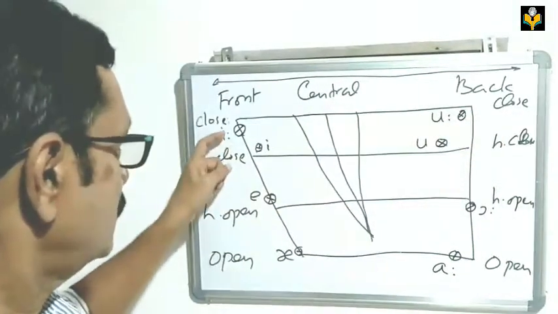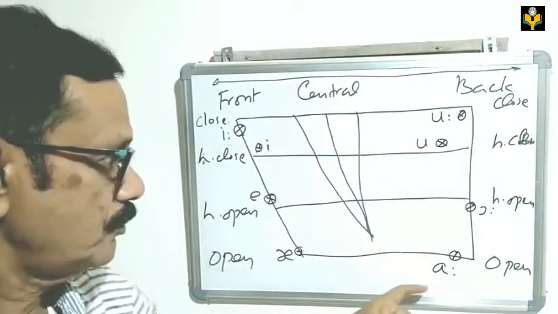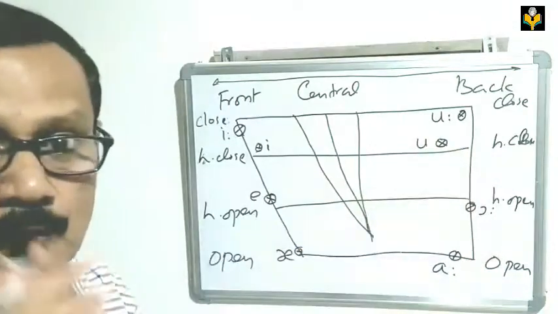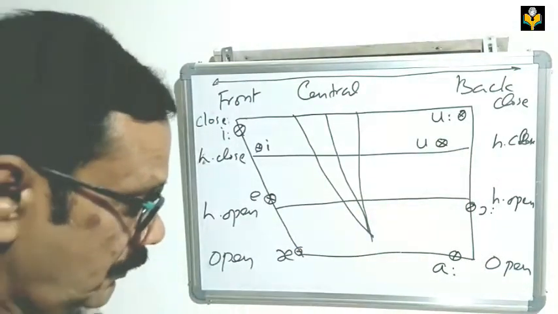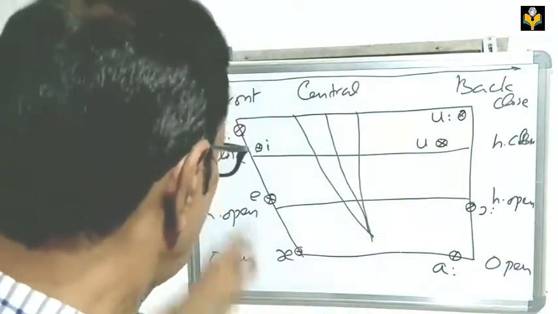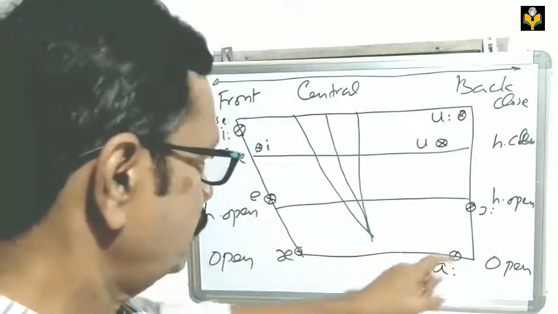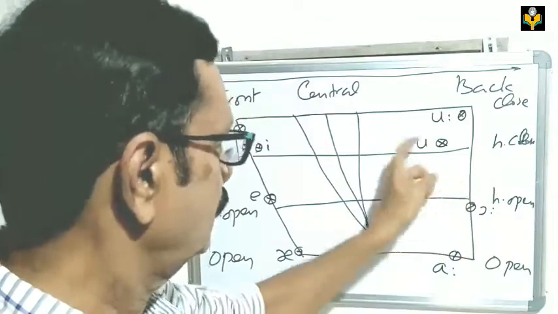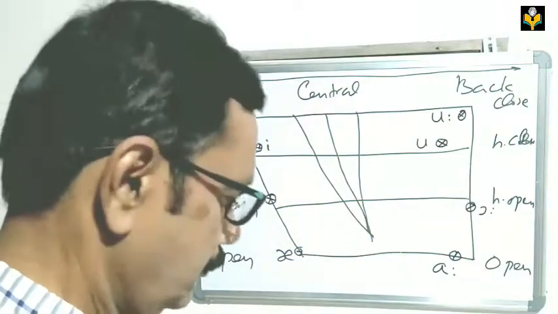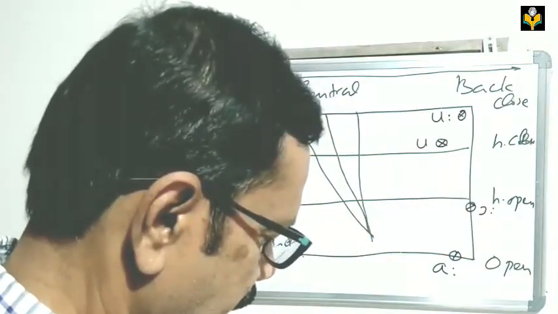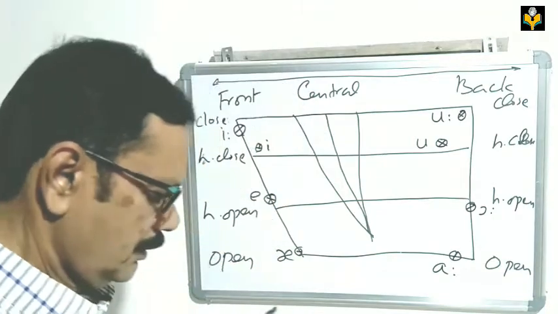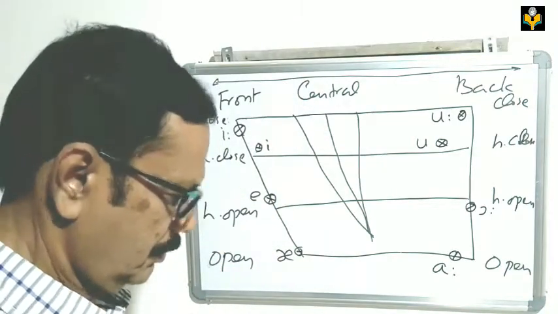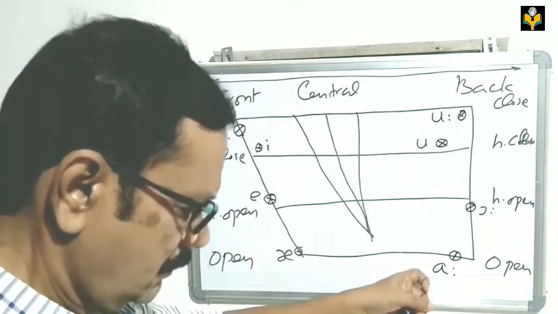So how many? 1, 2, 3, 4, 5, 6, 7, 8. Four more remain. 1, 2, 3, 4, 5, 6, 7, 8. Yes, I have left one. This is one here.